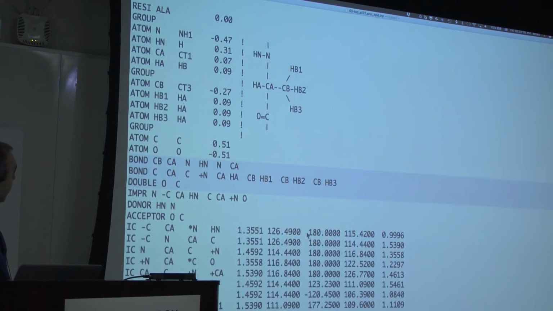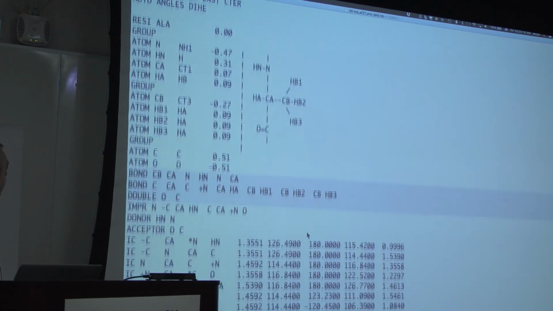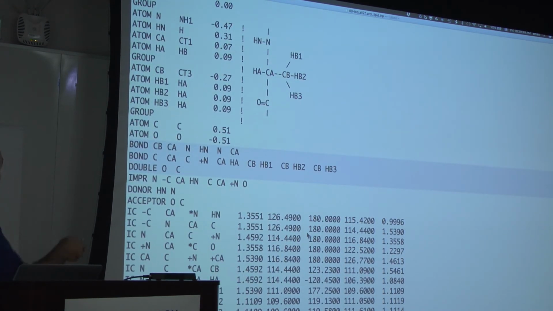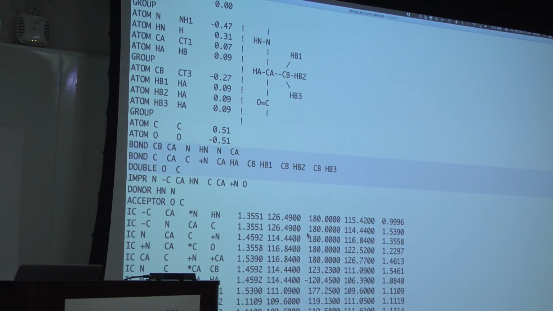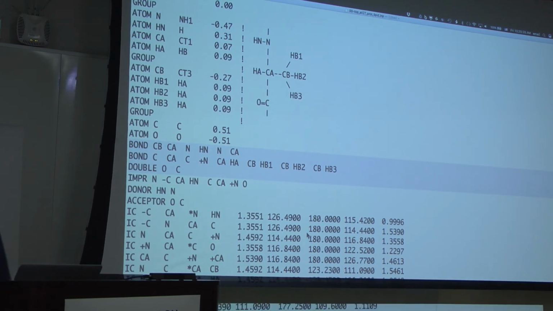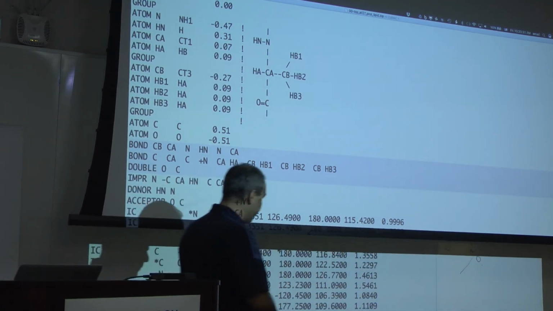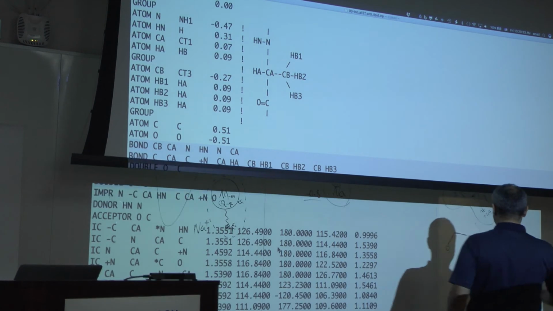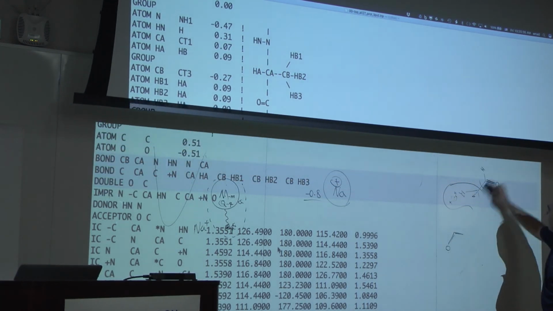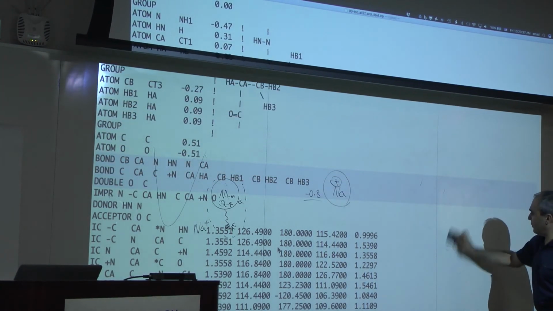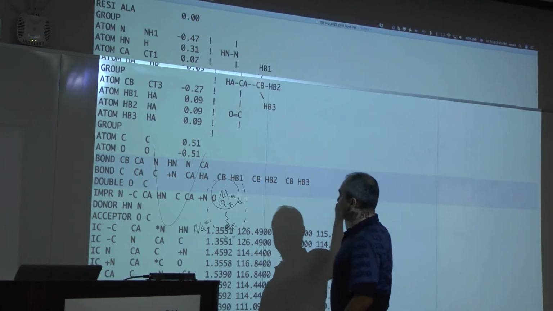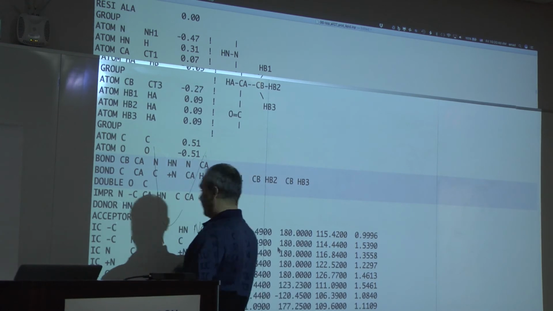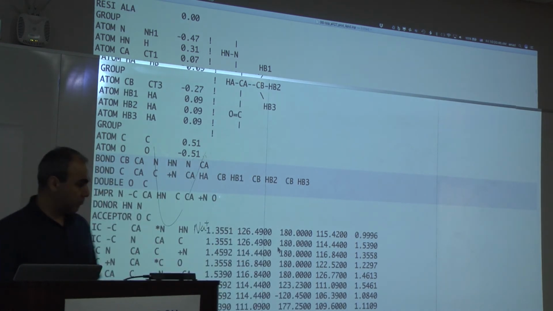So now a couple of comments here. One is about this group. Let me go back here. Again, we talked about cutoff and the fact that you don't want to calculate all the pairs because that becomes very expensive. So what we do for van der Waals interaction, that's easy.